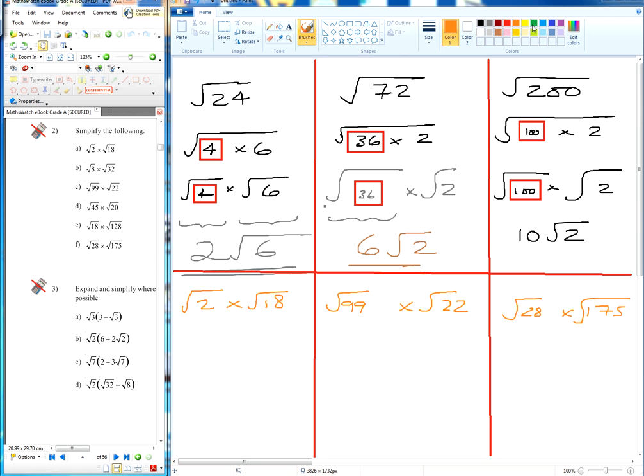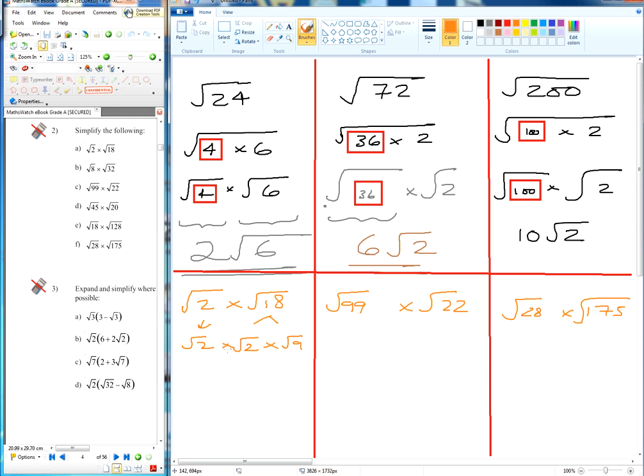Let's have a go. Now, root 2 stays as it is. Now, root 18 can be split into what? What square numbers do we have in root 18? So we can have root 9 times root 2, and the root 2 from here can be copied down from above. Are we happy with that?